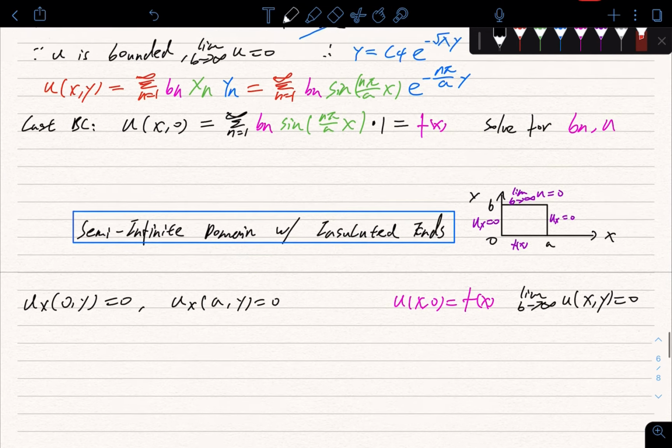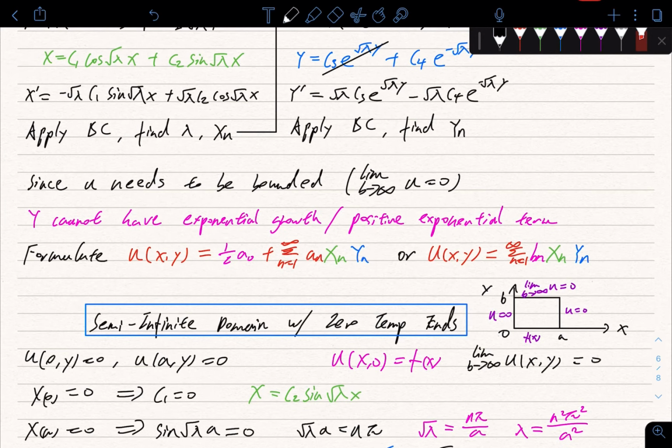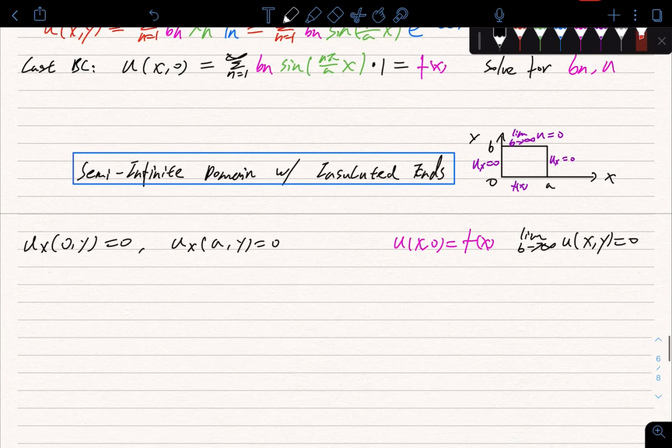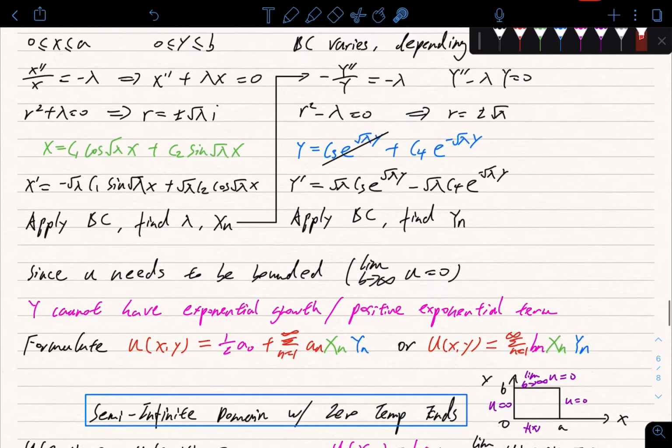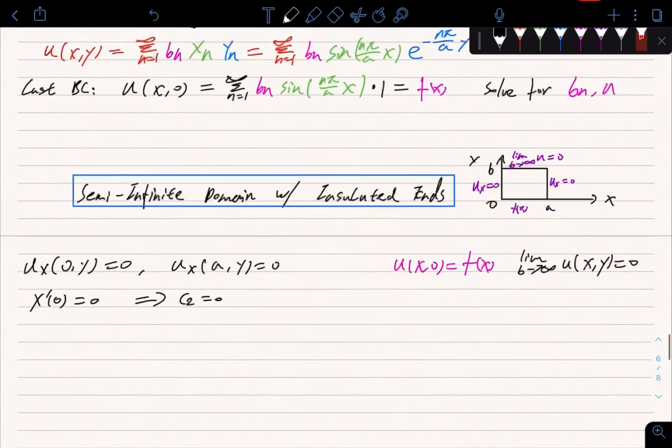So when we apply our first boundary condition, X prime of 0 equals 0, that will give us c2 equals 0, because if you look right here, this gets 0, this becomes 1, so c2 has to equal 0 in order to meet the boundary condition.